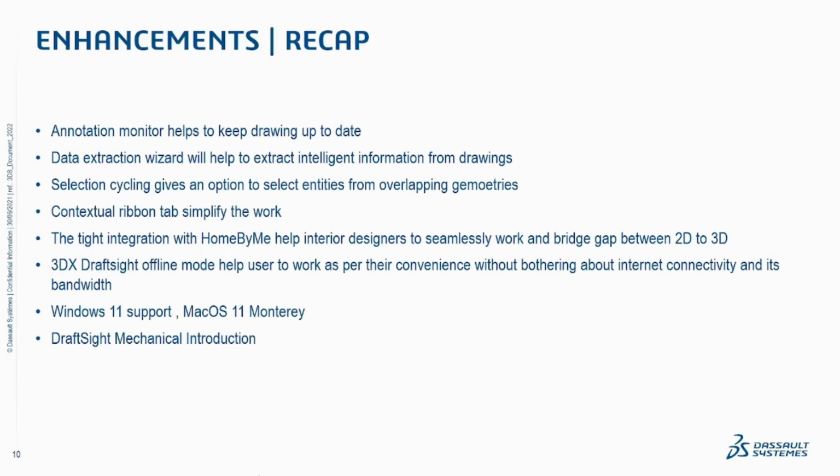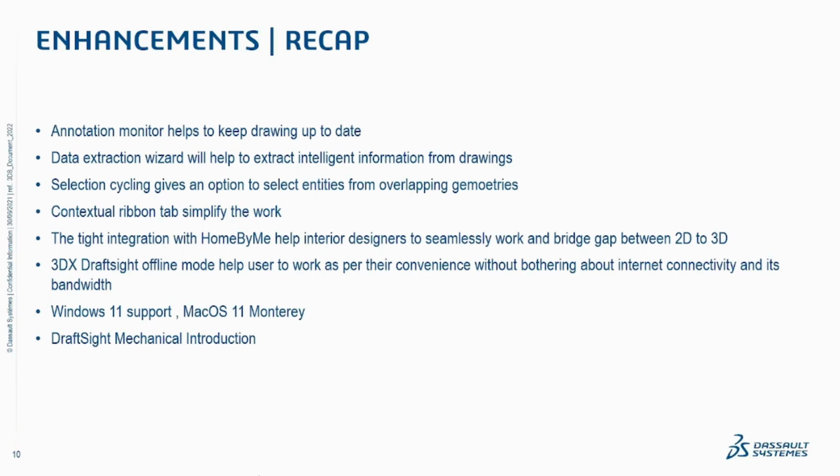The data extraction wizard will help you to extract intelligent information from the drawings, avoiding repetitive tasks or duplicating the task. Easy to use functionality. Selection cycling gives an option to select the entities from overlapping geometries, which indeed eases the selection method so you can work upon the entities.